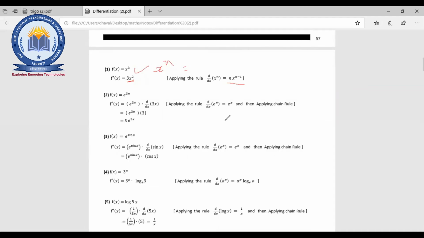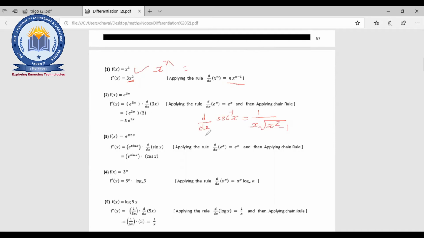For that also I'll tell you. d by dx of sec inverse x equals 1 upon x into under root x square minus 1.